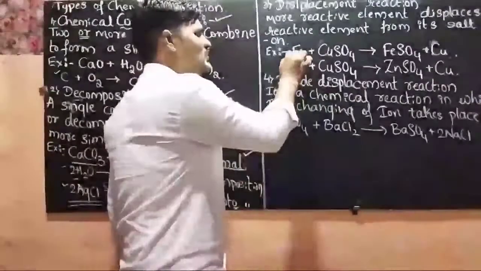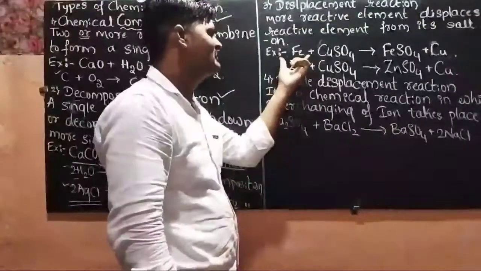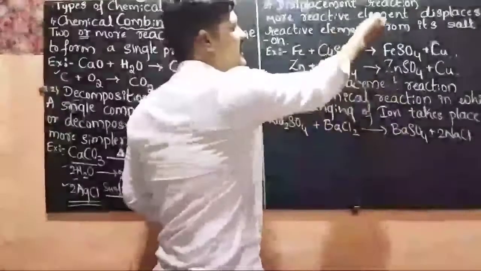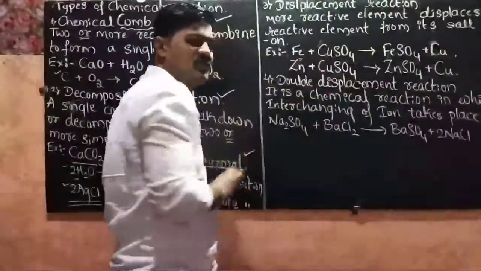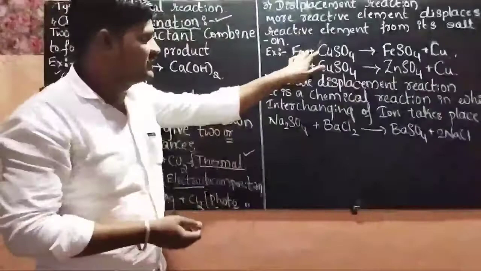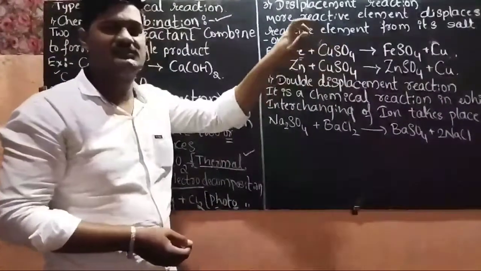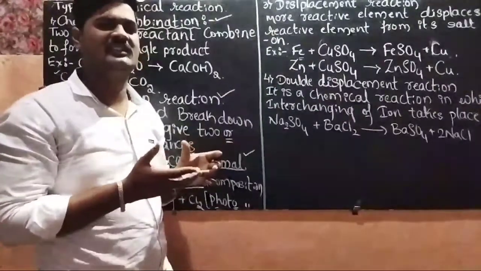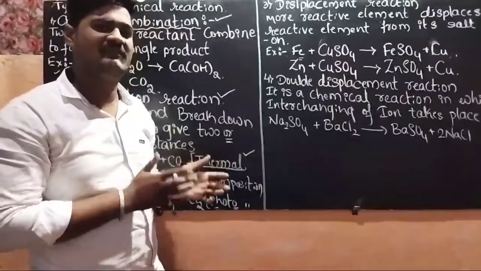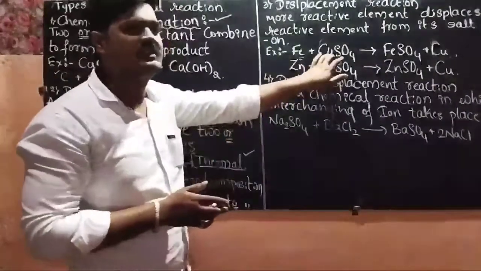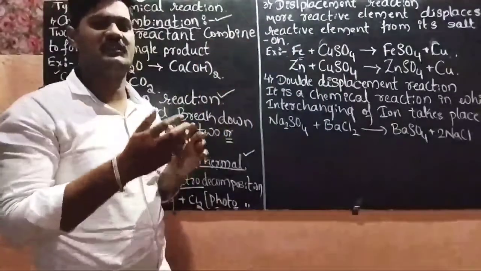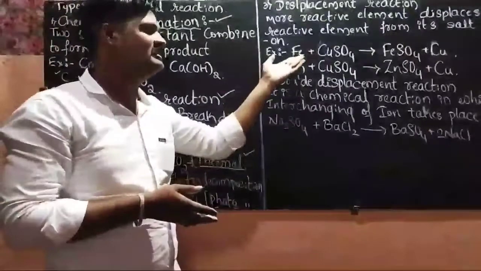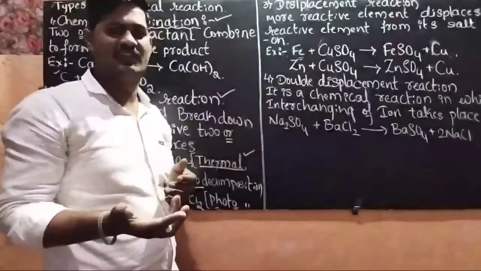Here we have taken two examples. The first is iron reacting with copper sulfate. Here iron is the more reactive element, because compared to iron and copper, the rusting of iron takes place very fast. You might have seen copper vessels in the house, and iron substances in your surroundings.